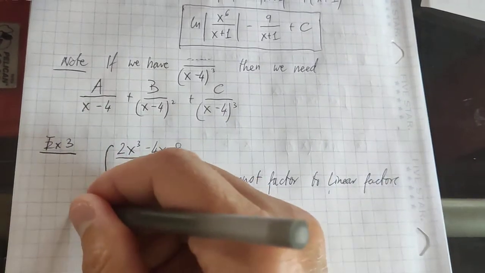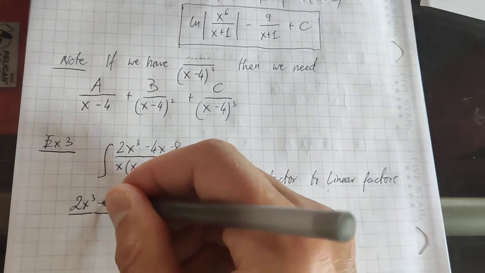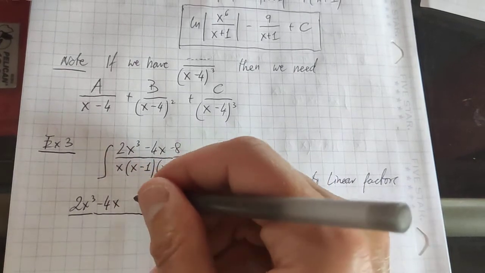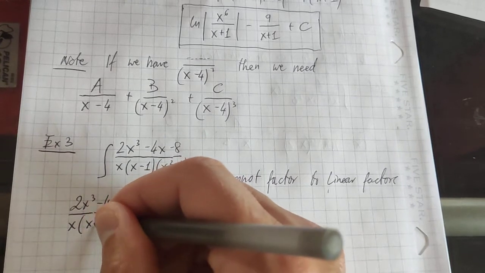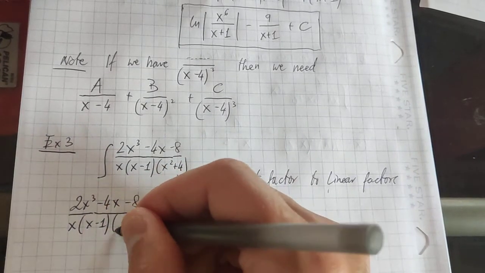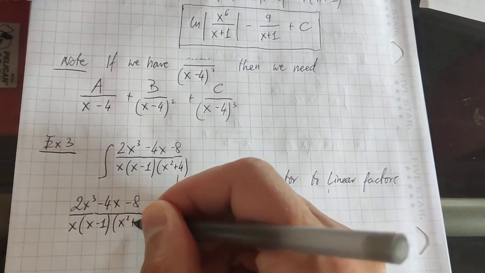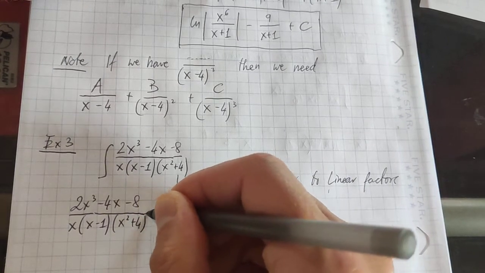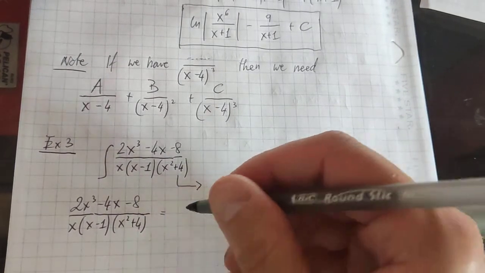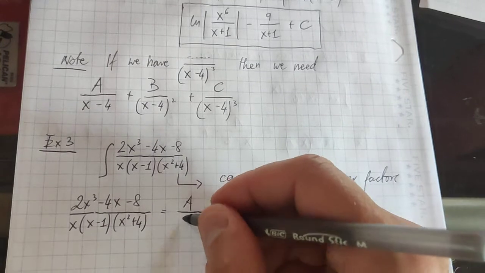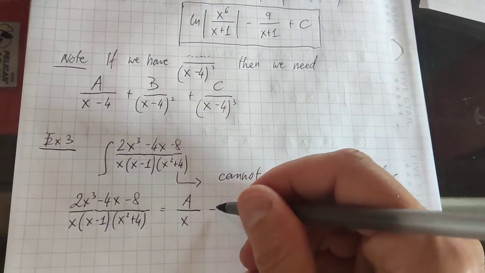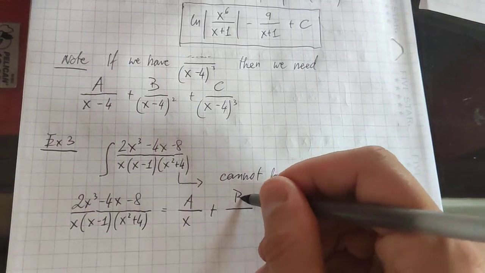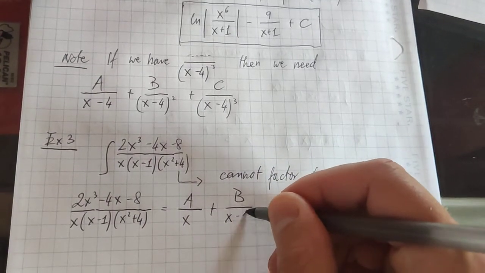Let me just rewrite it: 2x cubed minus 4x minus 8 over x times x minus 1, and now x squared plus 4. So I'll have A over x, then plus B over x minus 1.